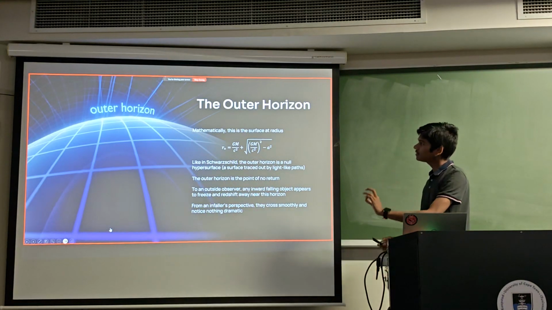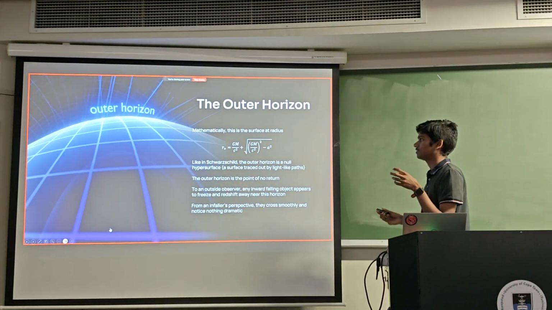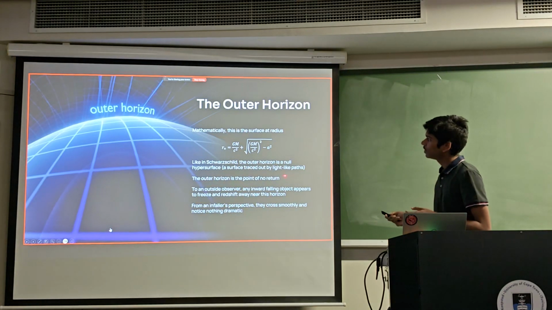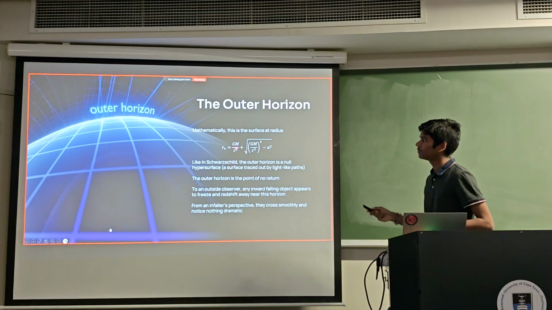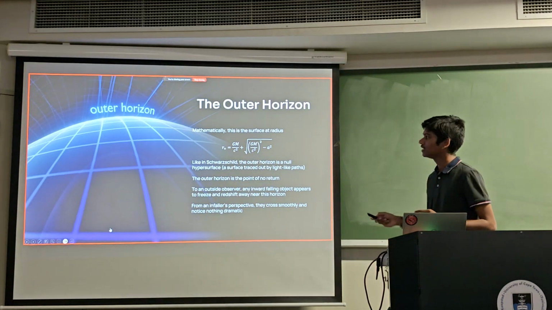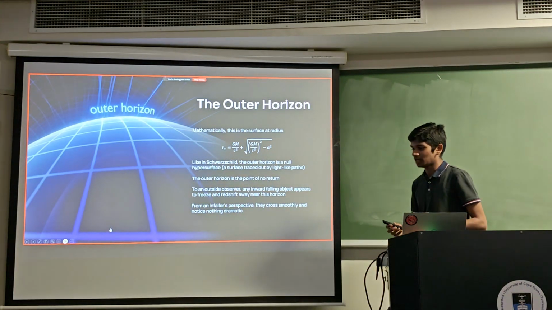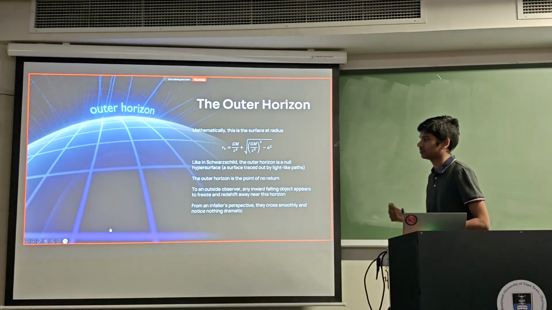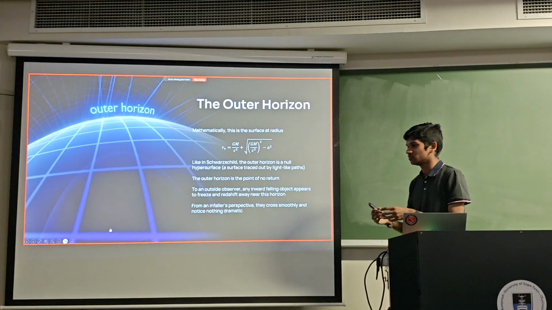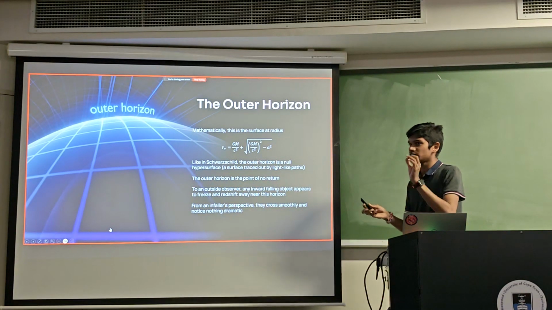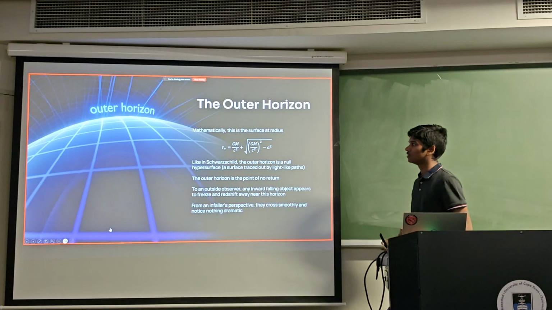Now, mathematically speaking, to find the radius of the outer horizon of a spinning black hole, you have this equation. Unlike the Schwarzschild black hole, which only depended on the mass of the black hole, we also have the letter A here. The letter A defines the spin parameter of the black hole. The spin parameter is dependent on the angular momentum, so this letter A simply is a value that communicates how fast the black hole is spinning.